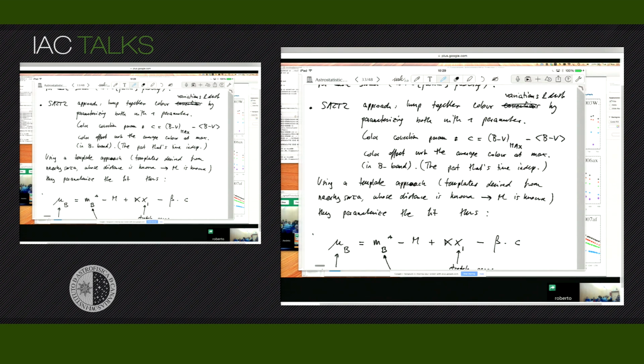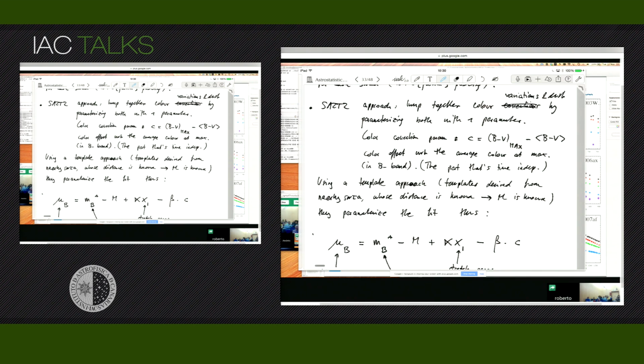And so what SALT2 does, they lump together everything in terms of color and stretch correction. The stretch correction being the correction for the fact of the different time scale of decline in the light curve. They lump everything together in just two parameters.